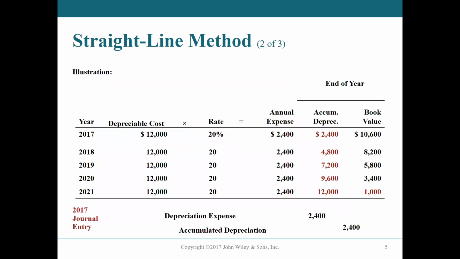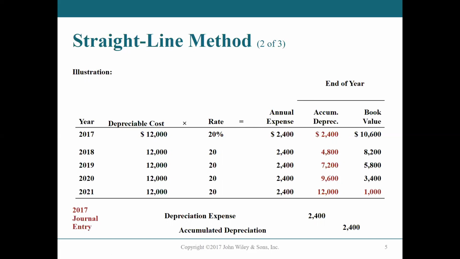So here they're doing what would be a depreciation schedule. Again, it starts with the depreciable cost. And this is a little confusing. It says rate 20%. That's the same as saying 1/5, or in other words, they're depreciating it over 5 years. So it's the same as dividing by 5.